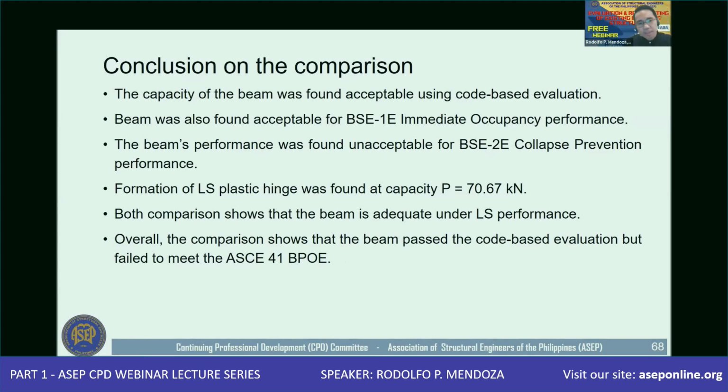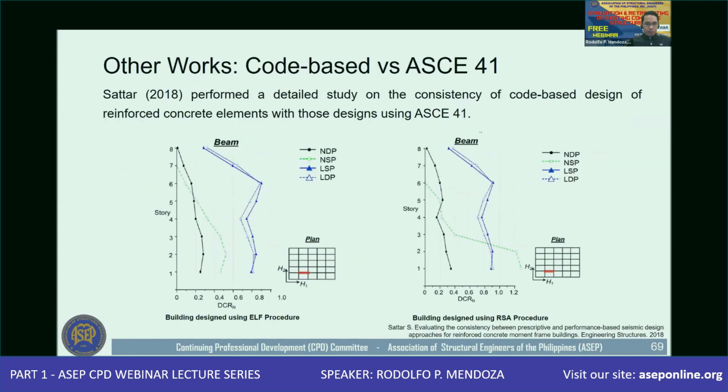So to support this conclusion, if you are to read other works, particularly that of Satar, who actually performed a detailed comparison between code-based design buildings and performance-based design buildings using ASCE 41, this is one of the findings in the result of Satar.